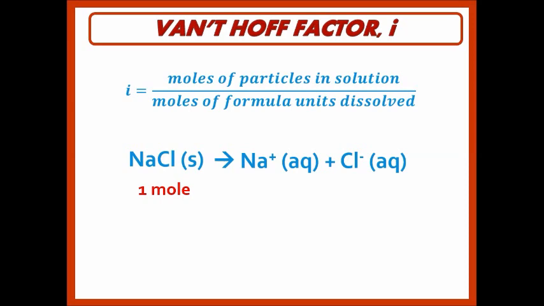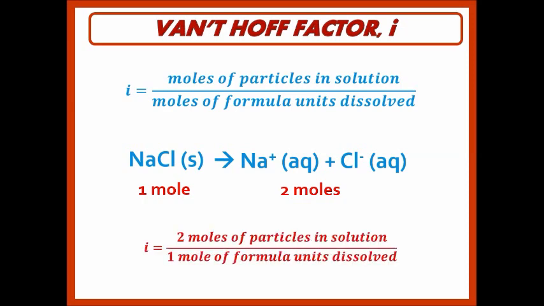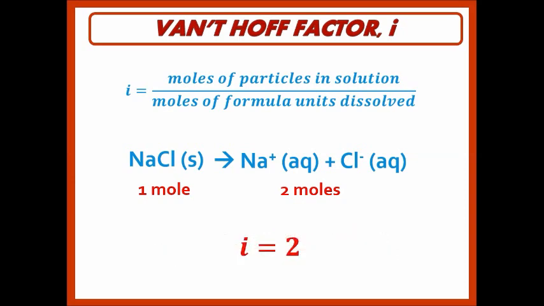Ultimately, one formula unit is initially dissolved in solution, but it dissociates into 2 moles of particles in solution. So, in order to calculate i, we can consider the moles of particles in solution, 2, over the moles of formula units initially dissolved, which is 1. Therefore, we calculate 2 to be our i value.